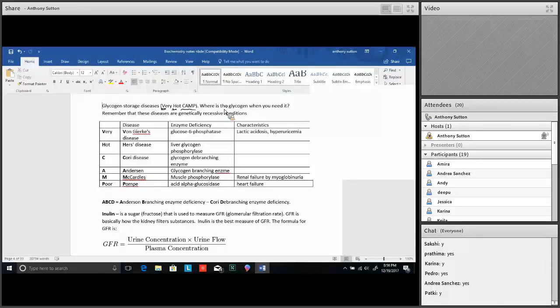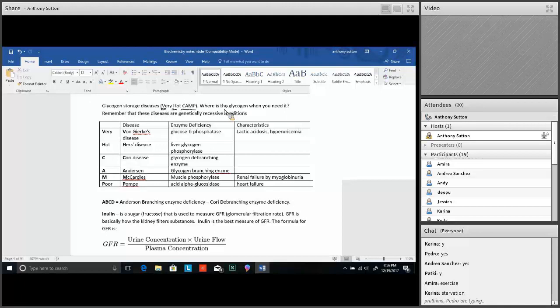So as soon as you think of glycogen storage, I want you to think of glycogen as the storage form of glucose, your sugar. Why do you store it? Because you may need energy later. Why do you need energy later? If you are at a very hot camp. I know it's corny, probably doesn't make a lot of sense, but at least you remember it, right? Okay. So that's the way you remember the mnemonic.